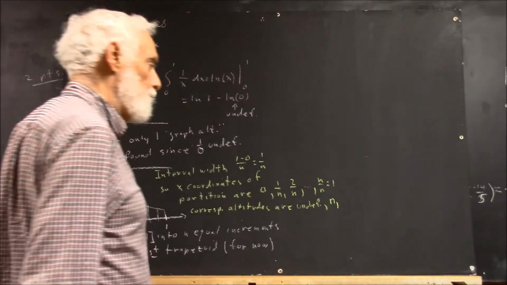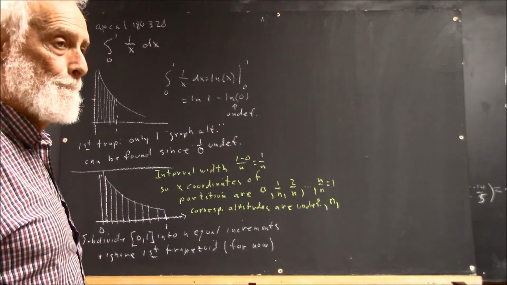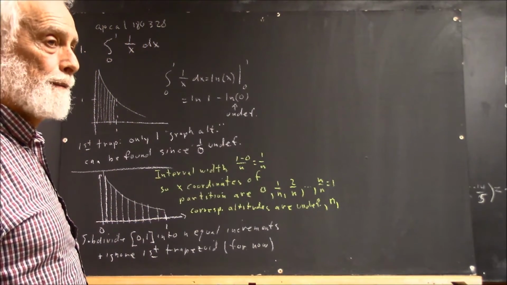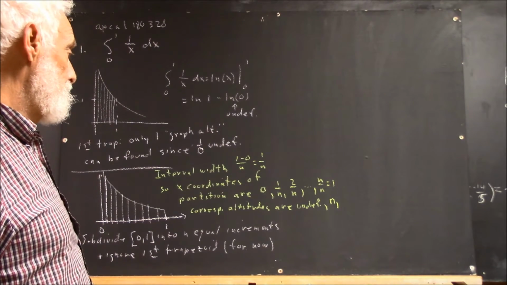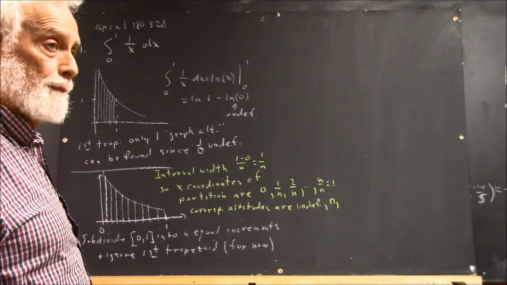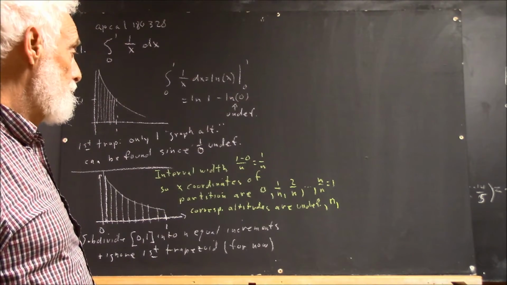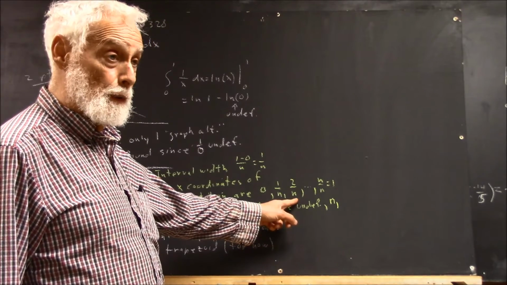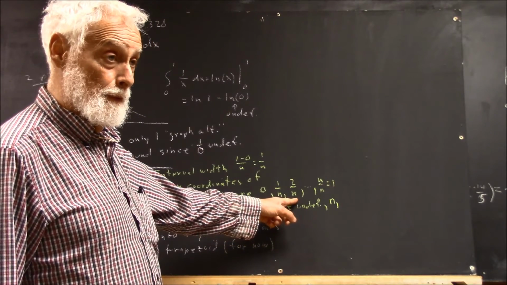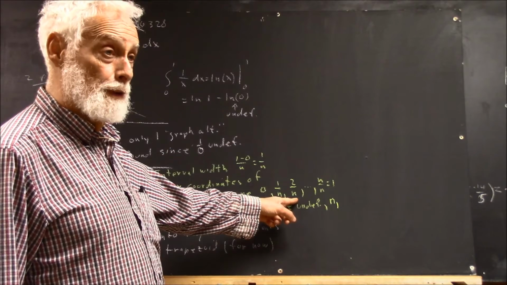The second one would be what? Would it be n over 2? Well, you're going to plug this in for the x value. You're going to get 1 over 2 over n. Which is?